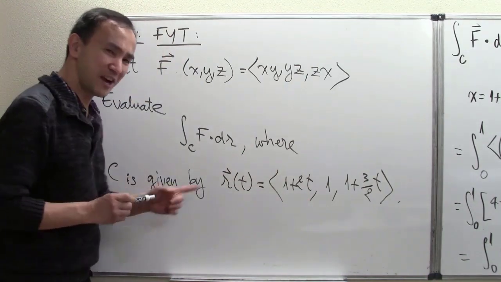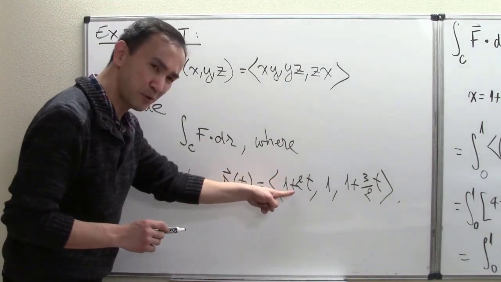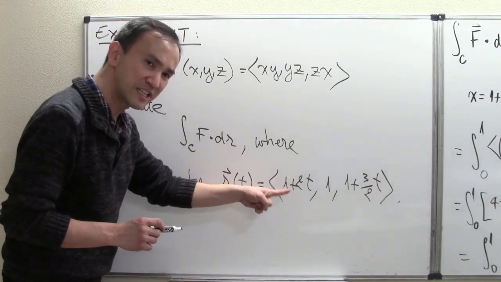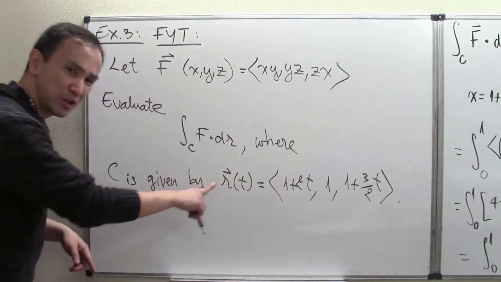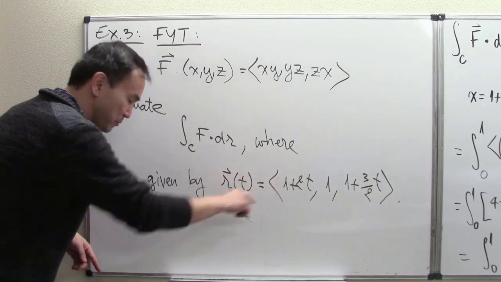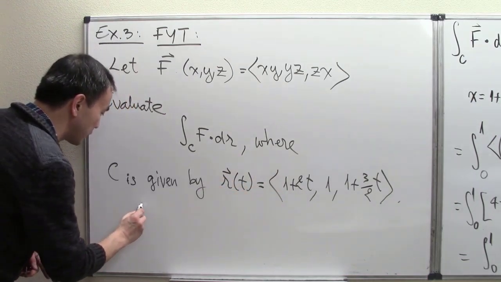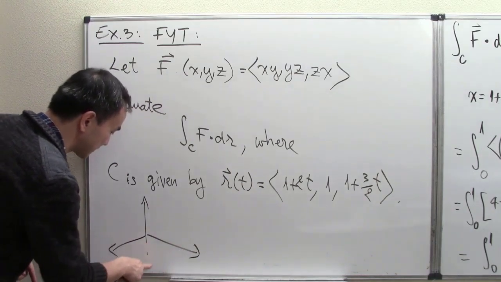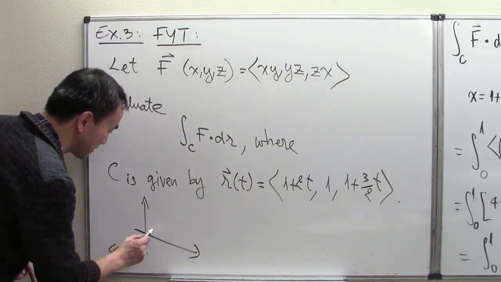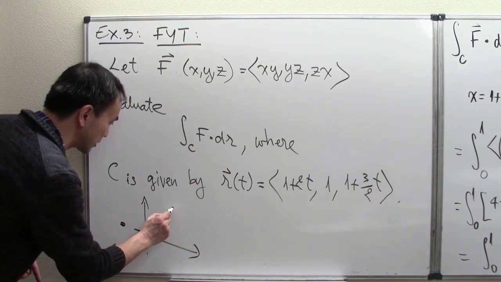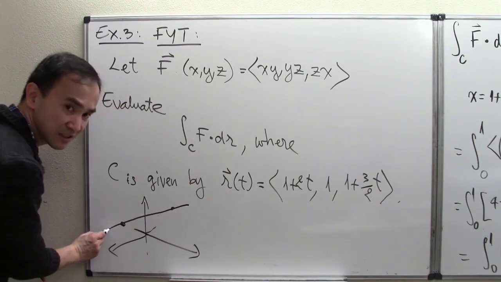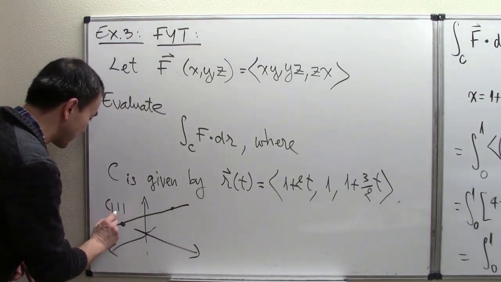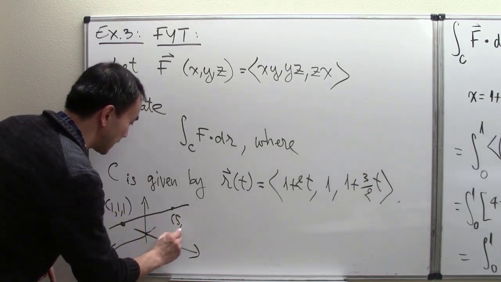Okay, but now I want you to be aware, this parameterization, even though it looks completely different from the earlier one, when you draw the picture of that, it's still going to give you exactly the same path. It's exactly the same path, where we go from (1, 1, 1), the same path, I mean the line right here, going from (1, 1, 1) to (5, 1, 4).